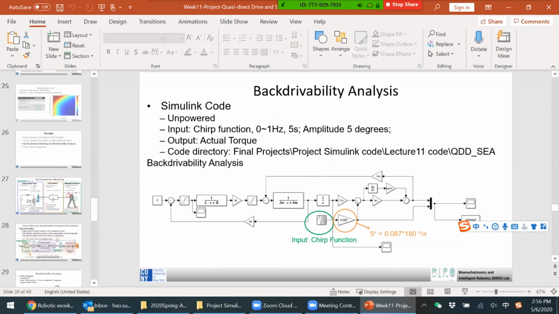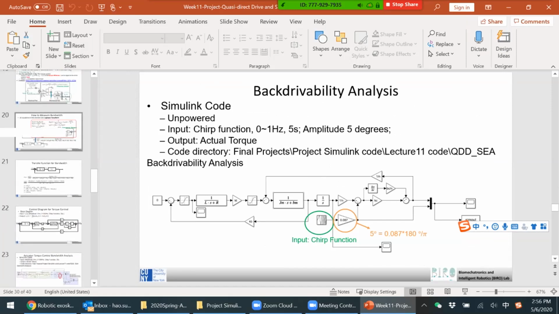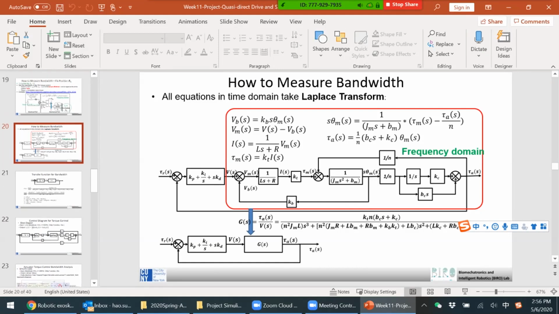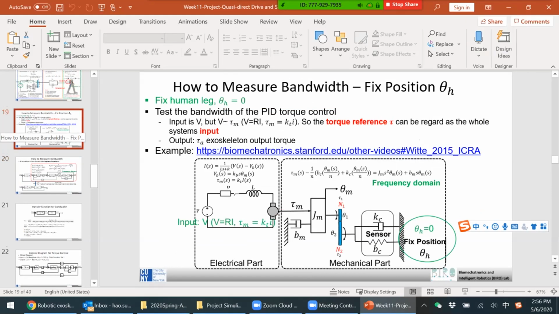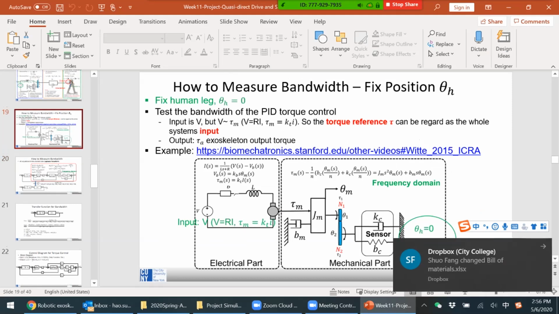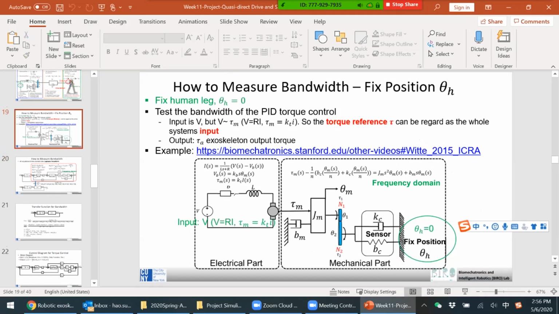Any other question? So Professor, for the bandwidth case, let's say the bandwidth you're getting is pretty low. Obviously, the parameters that you gave us are constant, which means the only thing that can be changed is the PID.